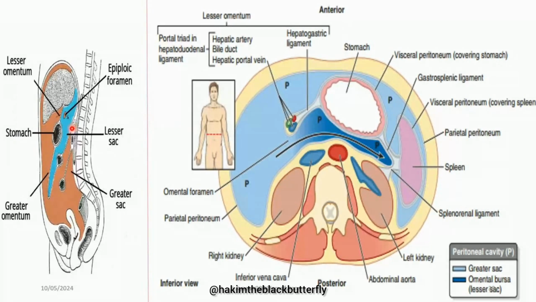This is the pancreas here. So if a patient has chronic pancreatitis, it can increase chances of too much fluid in the lesser sac or in the omental bursa, and that can always be seen sonographically.